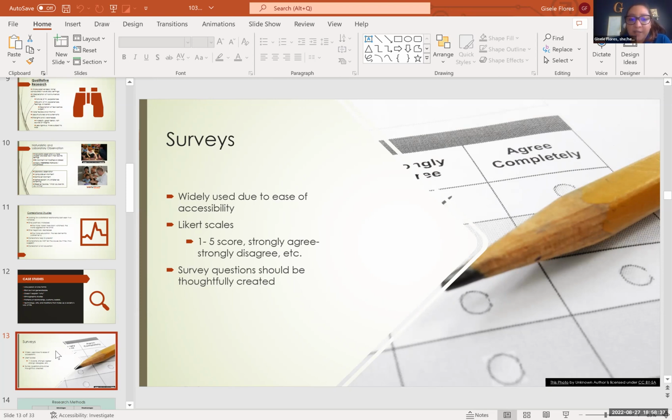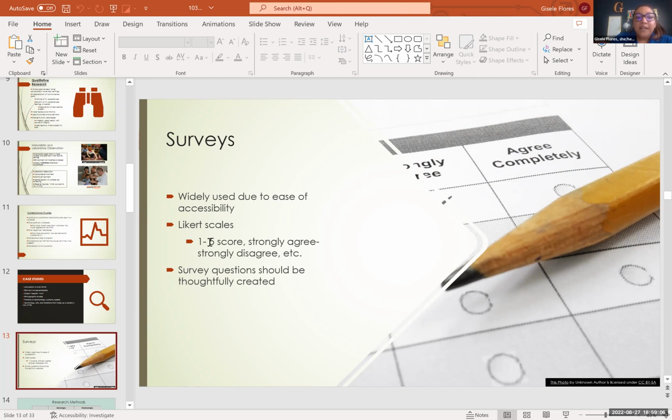When you use a survey, there's a few things that are important to consider. The first one is the Likert scale. A Likert scale is like a 1 through 5 scale, or a strongly agree to strongly disagree scale. A person chooses where they feel like they most relate to whatever your question is on that scale, and then you can run some information based on the responses that you get.